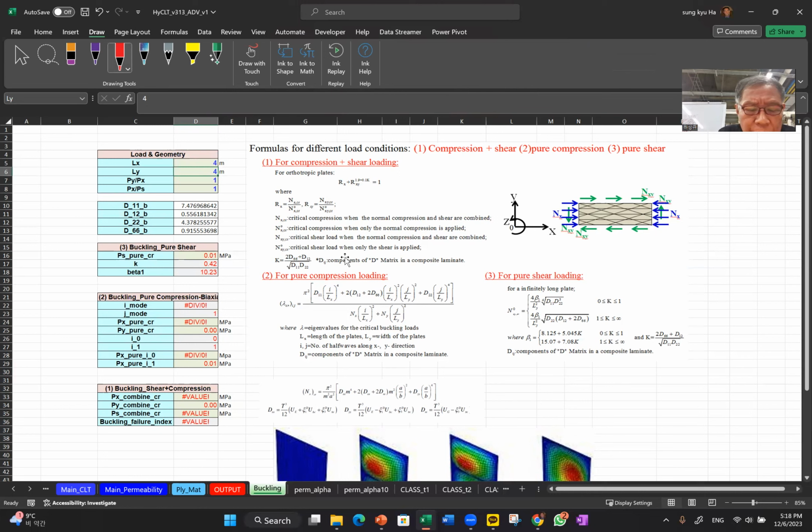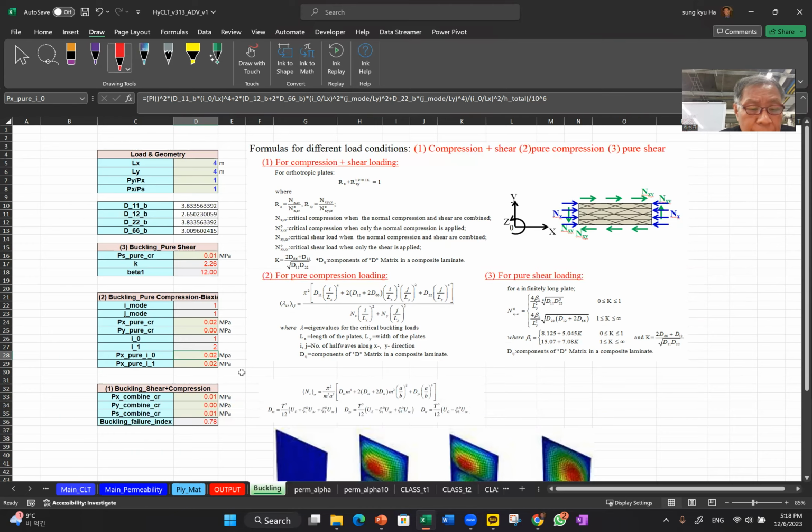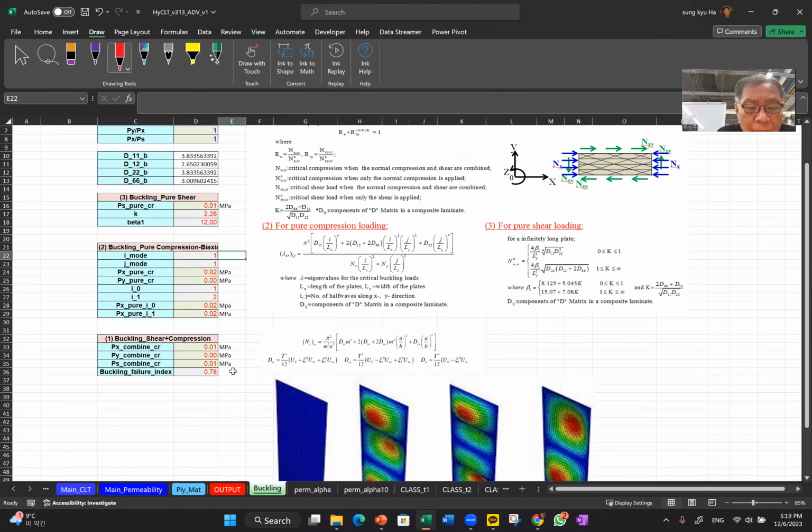I used to use this equation, but I don't know why this was the main cause.